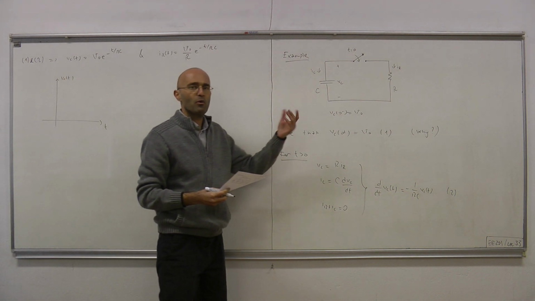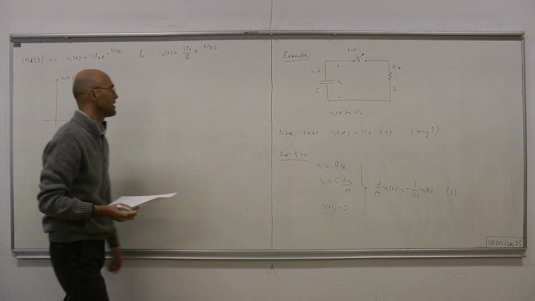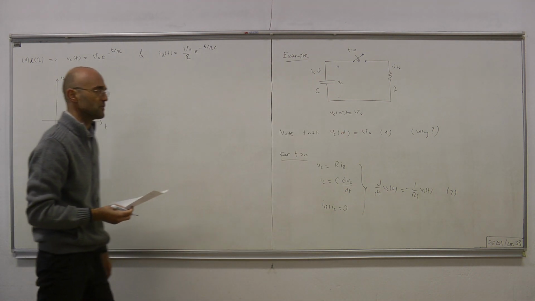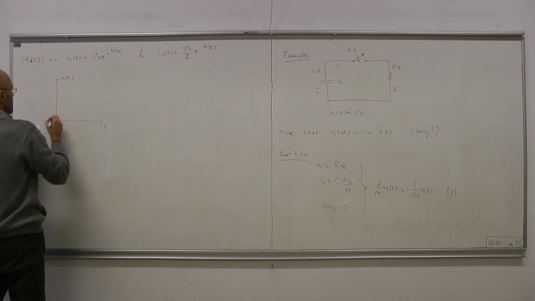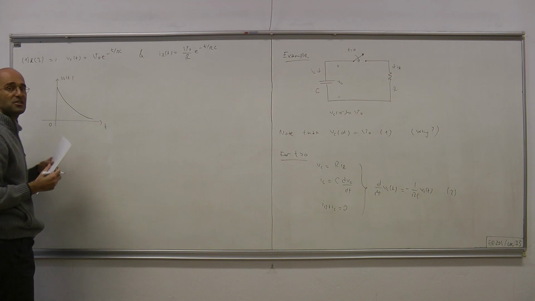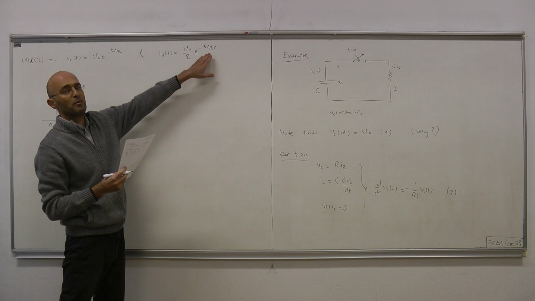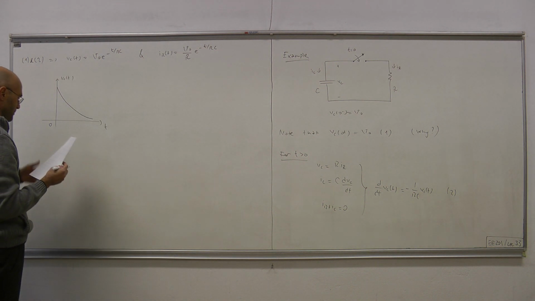Supposing that our components are passive, that is C and R are positive, and supposing that V0 is also positive without loss of generality, suppose that we start from 12 volts, VC(t) will have the following shape. Okay, it starts from V0 and it decays exponentially, determined by the decay rate 1 over RC.